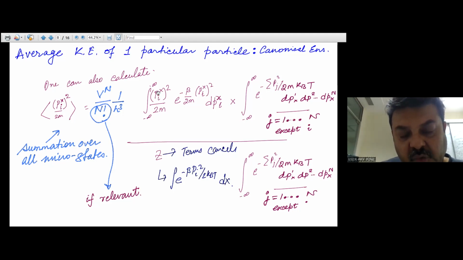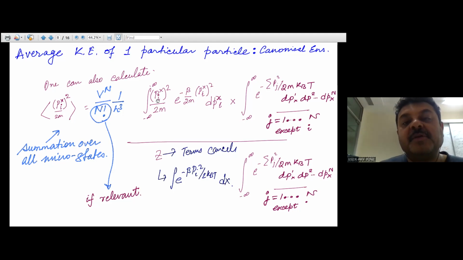So pix whole square. So this was the e to the power minus beta ei term, and we are integrating over all microstates, right? All the values of the variables at the microstates. Note that there is no time here.